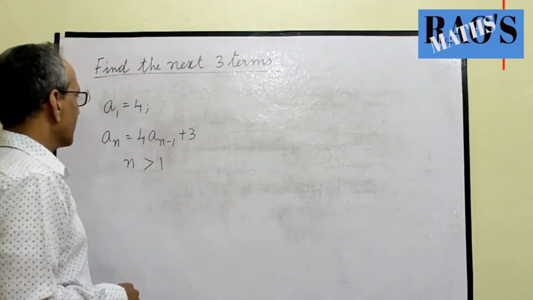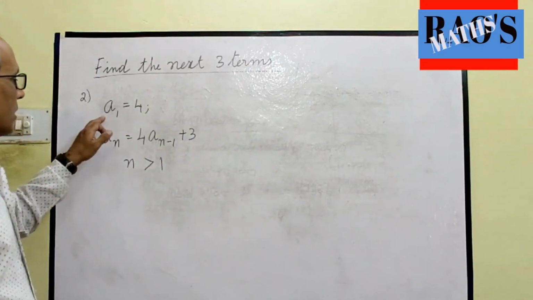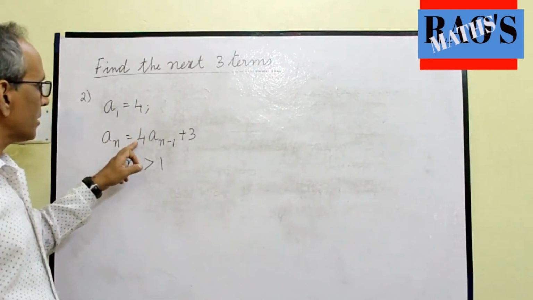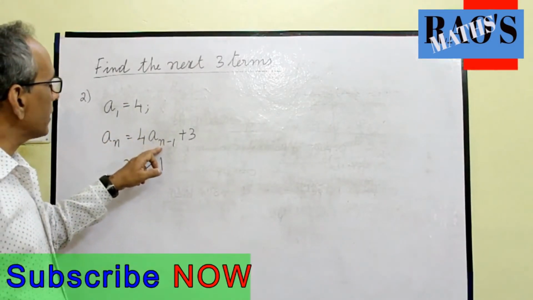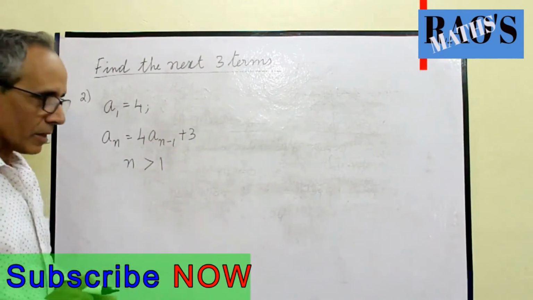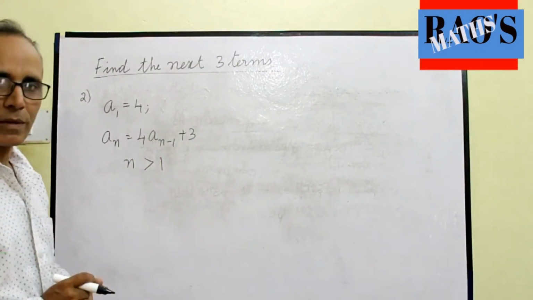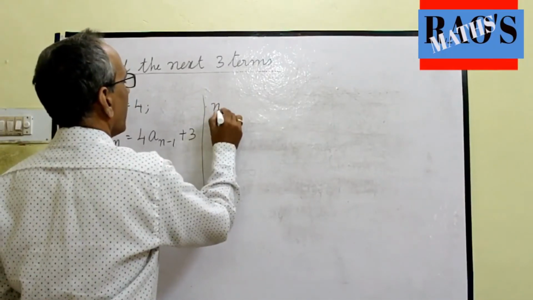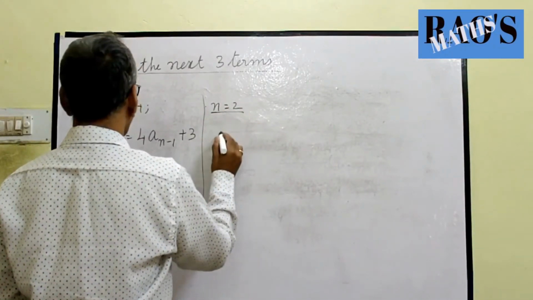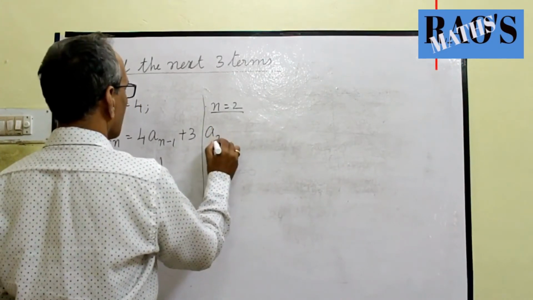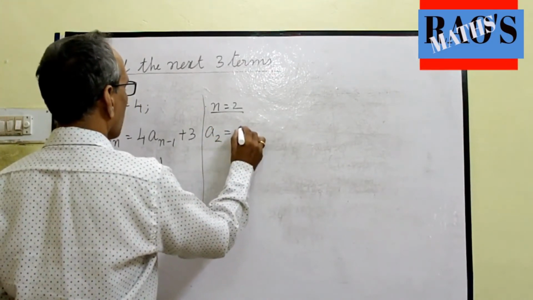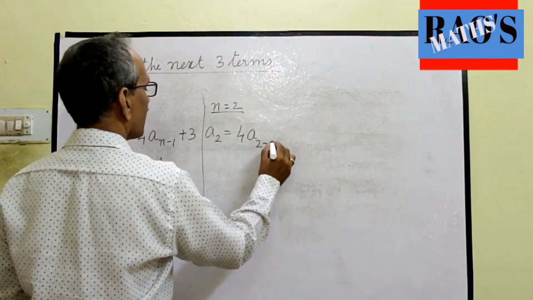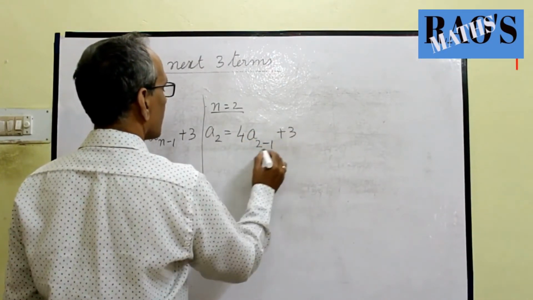Here is one more question. Okay, let's go for another example. Here the term 1 is 4 and the nth term is 4 times the (n minus 1)th term plus 3. And the condition is n value should be greater than 1. So I start taking from 2. If I take n is equal to 2, my second term is by rule 4 times the (2 minus 1)th term plus 3.